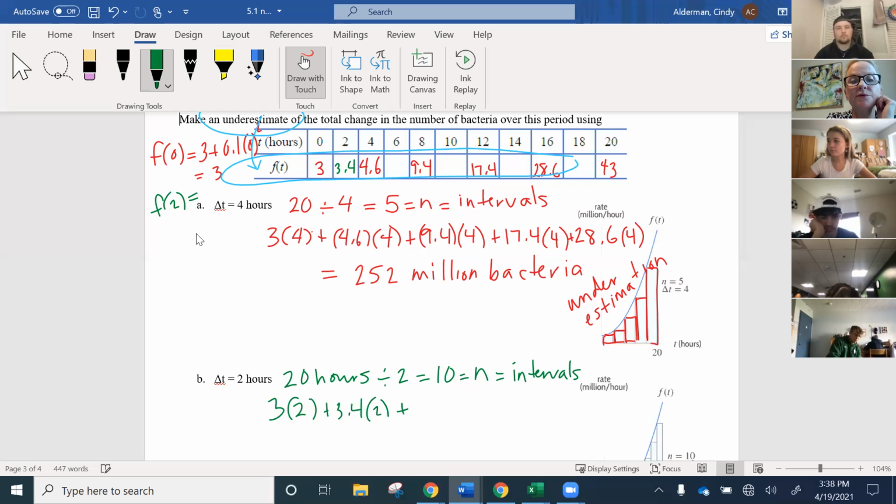And then the next rate would be 4.6 times 2, right? Plus so on, so on, so on, until you get to the end, which would be 43.